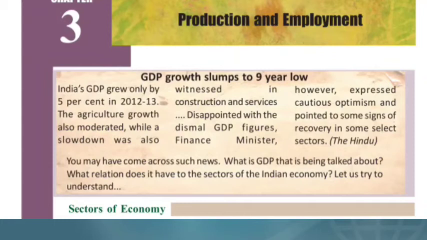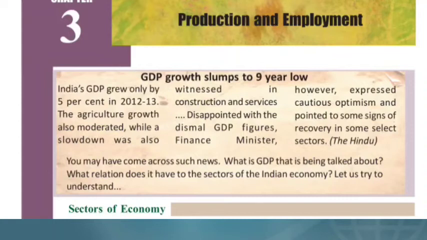You can see this newspaper clip. Generally, you may have watched the TV news about the Indian economy collapsing. Indian GDP grew only by 5% in 2012-13. At present, in the 2019-20 financial year, it is 4.2% due to the global financial crisis.